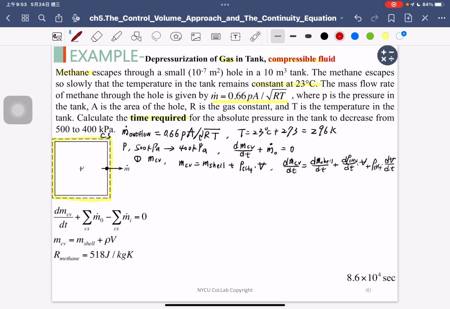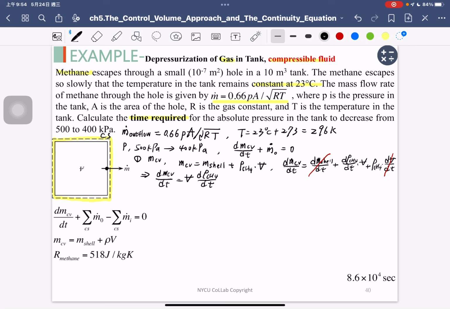As you know, the shell mass cannot change with time because the tank material is solid, and the volume size also cannot change with time. So finally you only have dm_CV/dt equal to the tank volume times d(rho_CH4)/dt. Why can the density change with time?